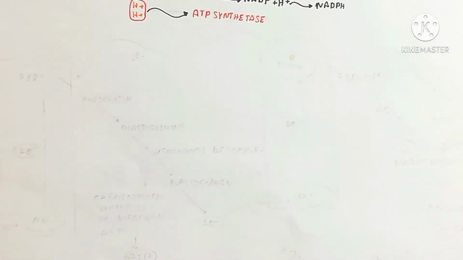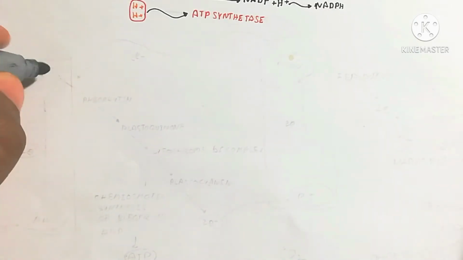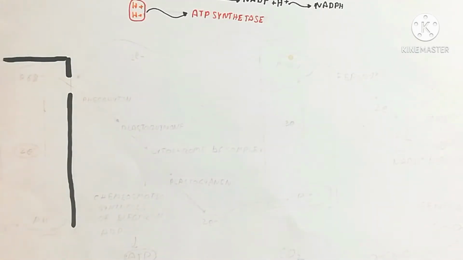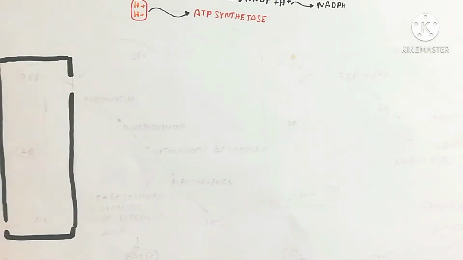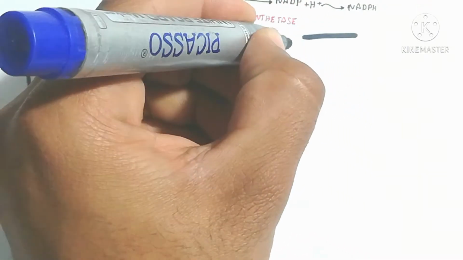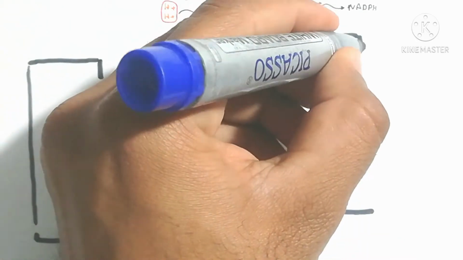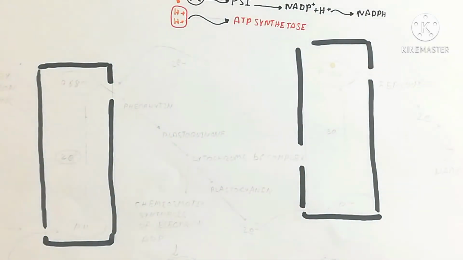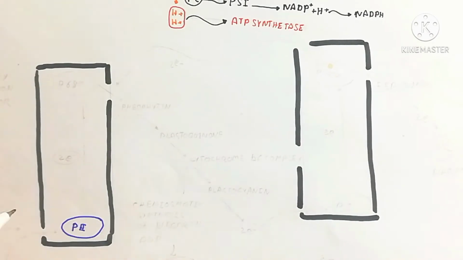This is the major reason for the ATP synthase enzyme using the hydrogen ions.